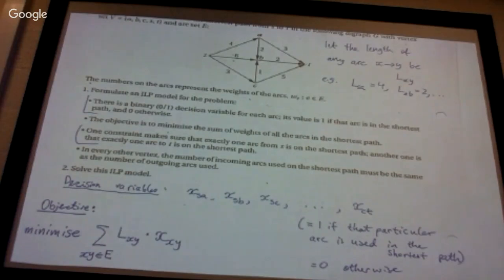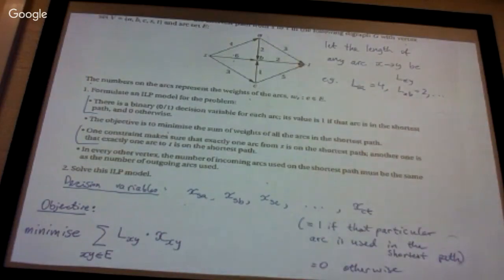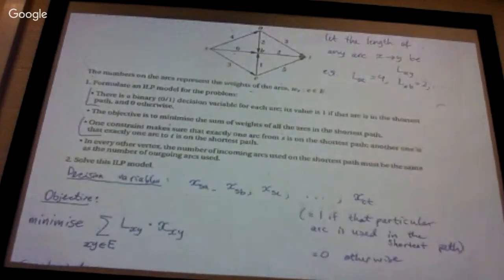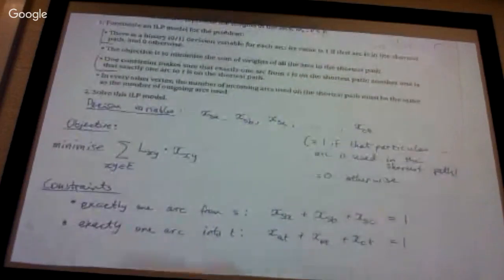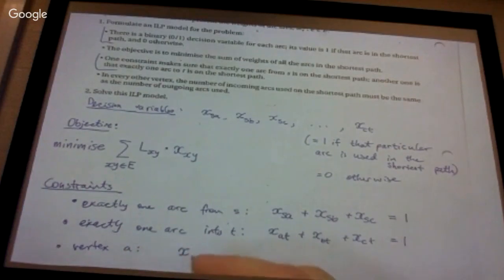So the number of arcs that you've selected coming into A has to be exactly the same as the number you've selected leaving A. In this case, coming into A is just from S, and leaving is to B and to T. So for vertex A, you want X_SA to be equal to X_AB plus X_AT.